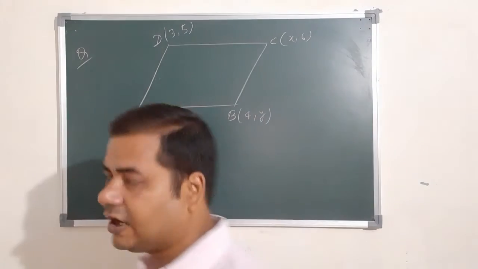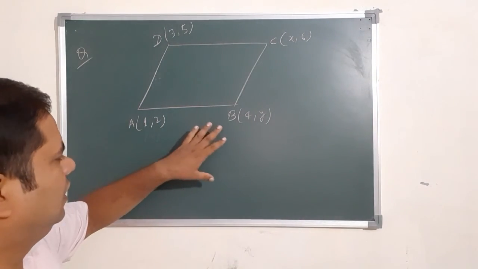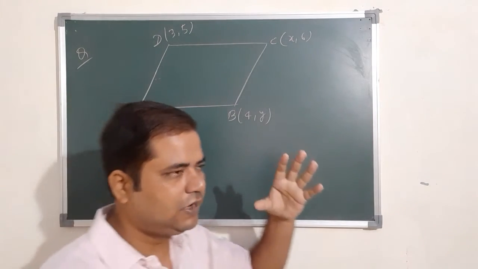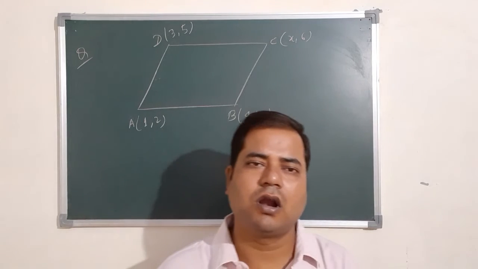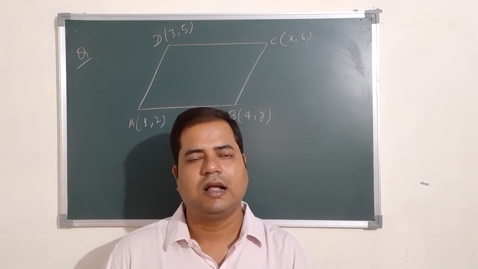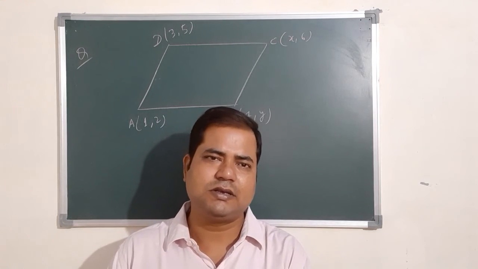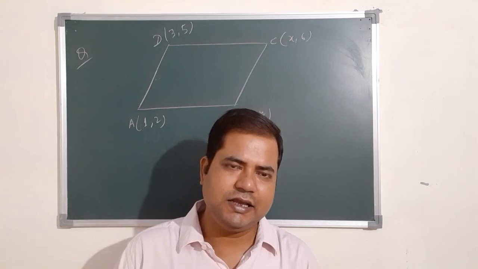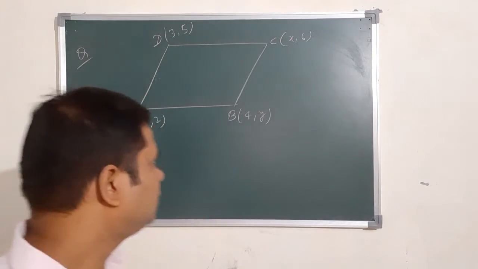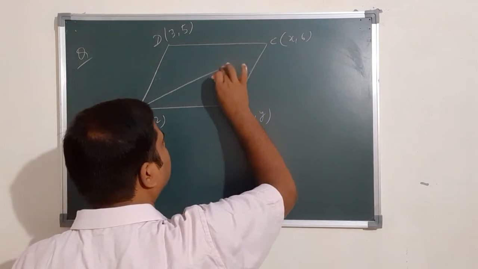Okay, you may get the answer, so please try to match it. We have to use the concept here: the diagonals of a parallelogram bisect each other. That means they intersect each other at equal distances.